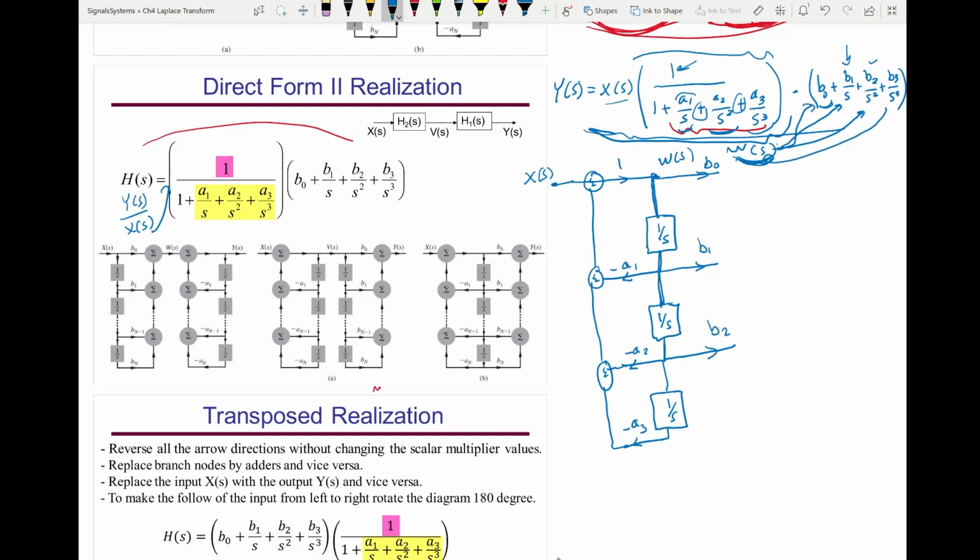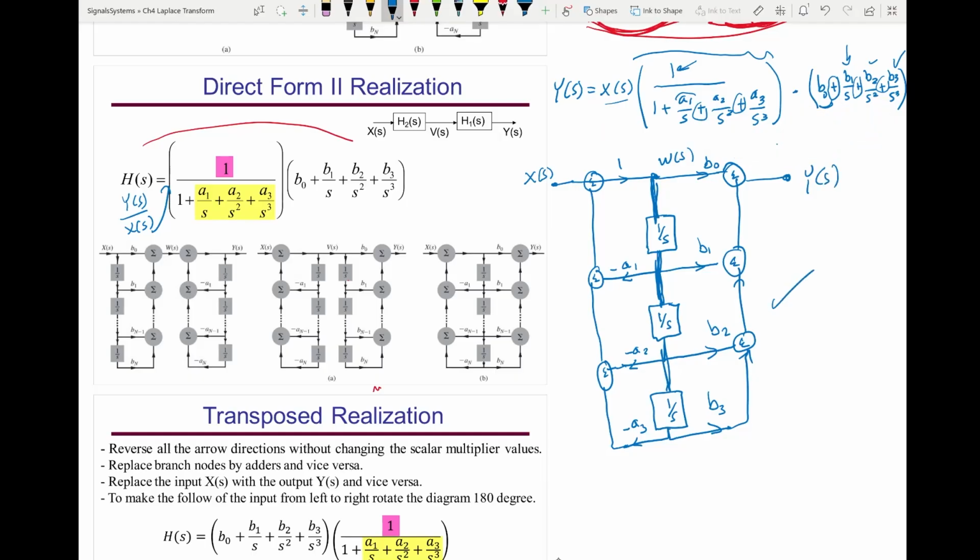Finally, W of S will go to a third integrator, so that's 1 here, 2, third, and come out amplified by B3. And then I sum them up here, sum, sum, sum. So that will be, and this is my output here.